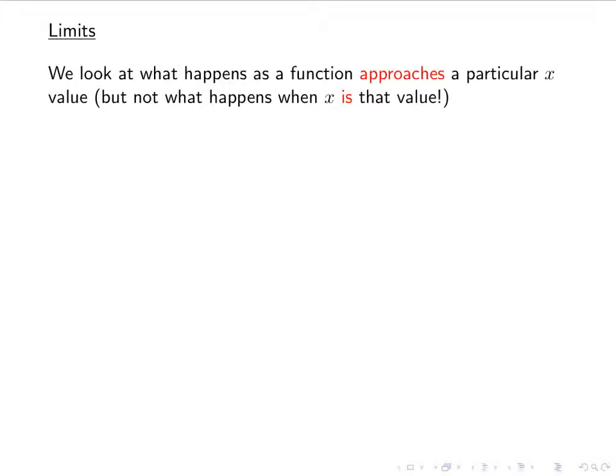But now let's get into limits. So the limit is looking at what happens as a function approaches a particular x value, but not what happens when x is that value. So I don't care what happens when x is 2. I care what happens as x gets closer and closer to 2.